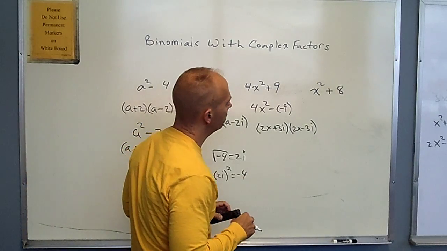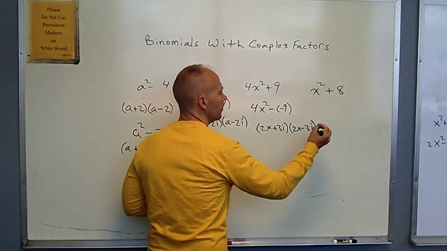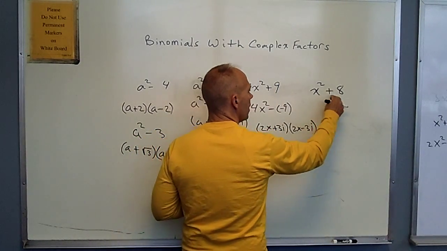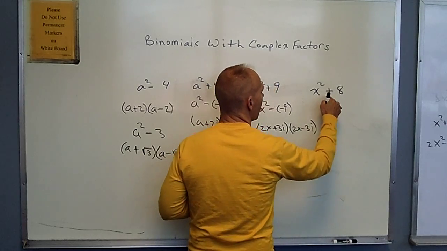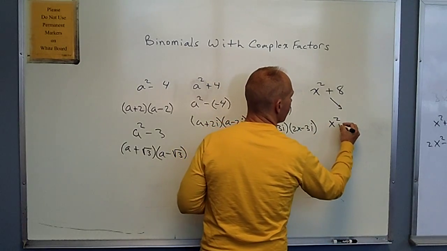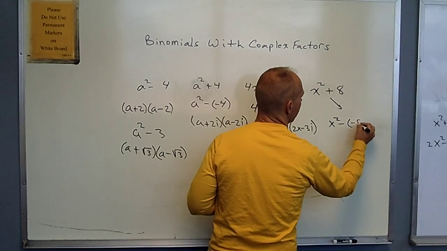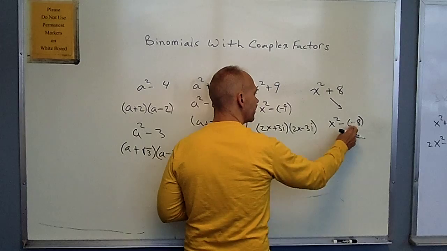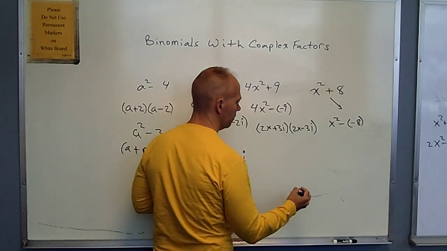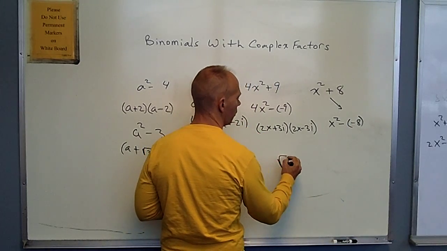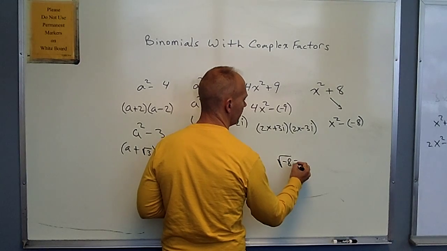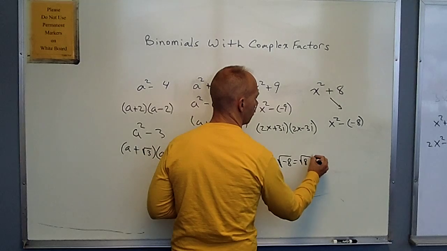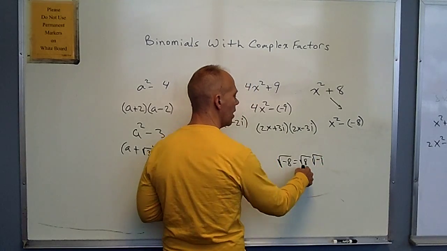One more here adds a little bit of another wrinkle to it. Again, I've got the sum of two terms, and I can rewrite that as minus a negative. Except, what is the square root of negative 8? Well, the square root of negative 8 is the square root of 8 times the square root of negative 1.